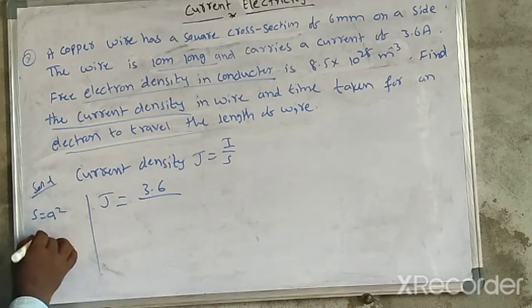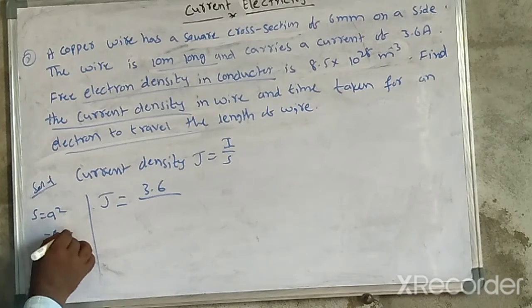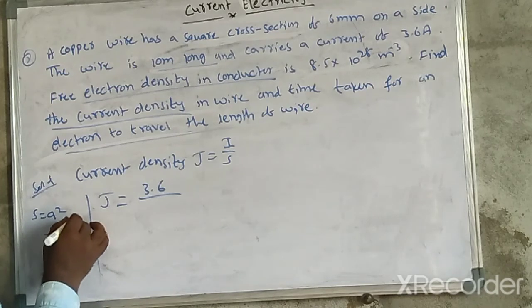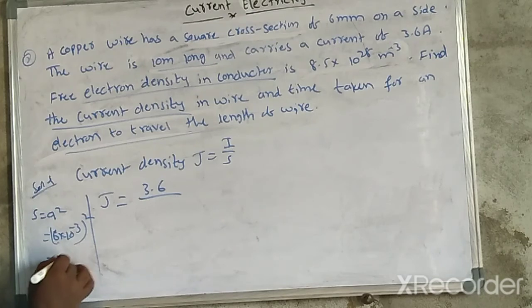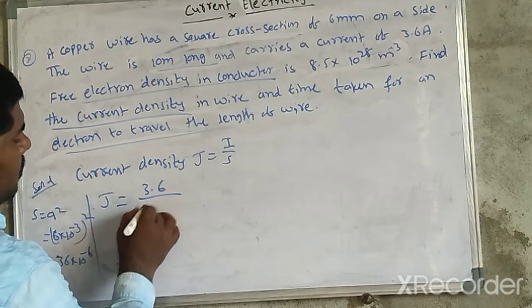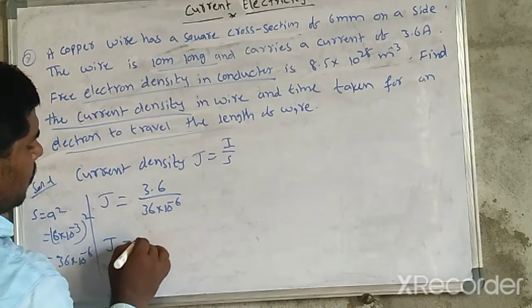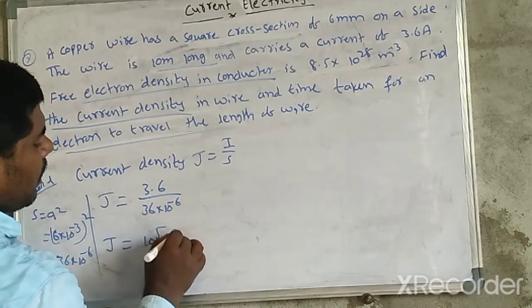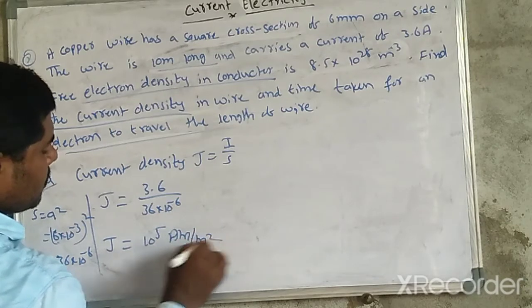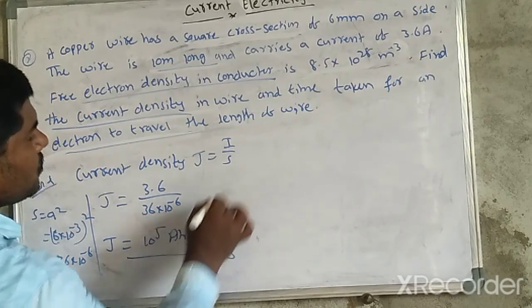So it means (6 into 10 to the power of minus 3) whole square, it means 36 into 10 to the power of minus 6. So J is equal to 10 to the power of 5 ampere per meter square. This is the first question answer.